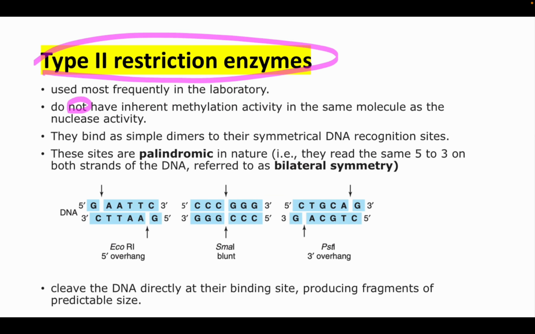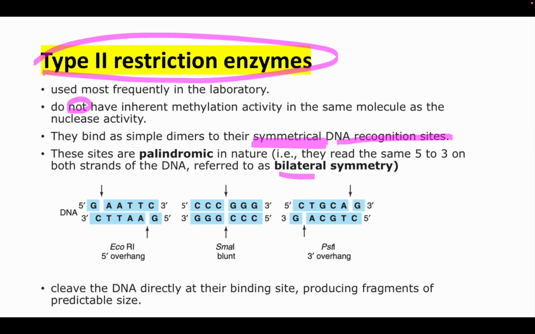As I have said, they are usually recognizing palindromes, and aside from that, what type of ends do they usually produce? Blunt ends or sticky ends? Okay, blunt ends. They bind as simple dimers to their symmetrical DNA recognition sites. Symmetrical because they cut the nitrogen bases into equal parts. However, not all type 2 restriction enzymes produce blunt ends.